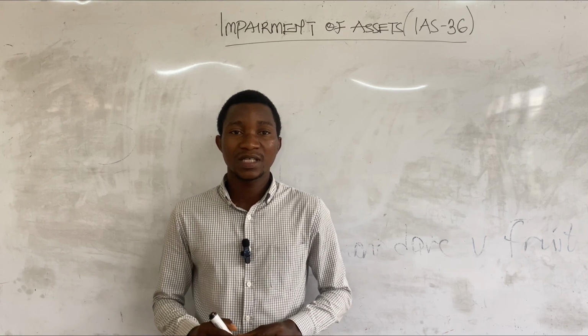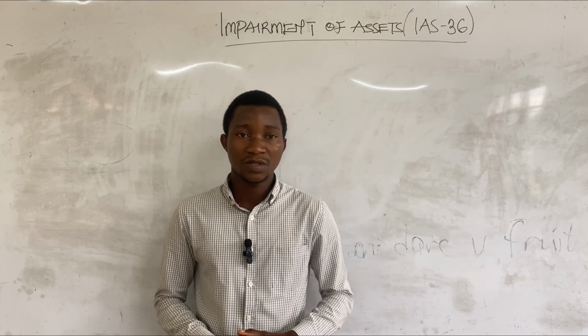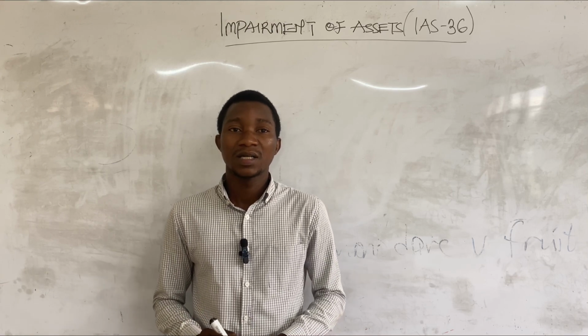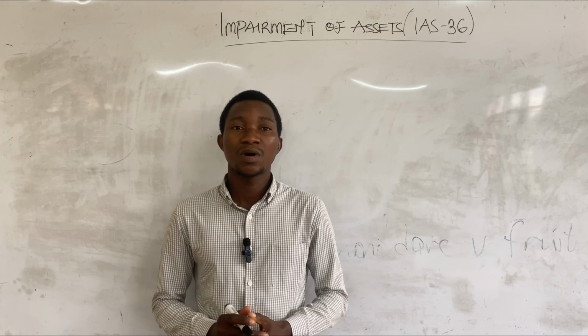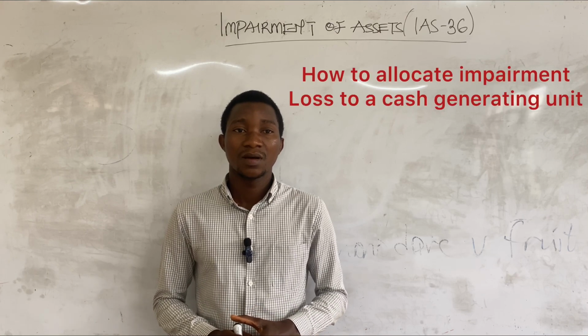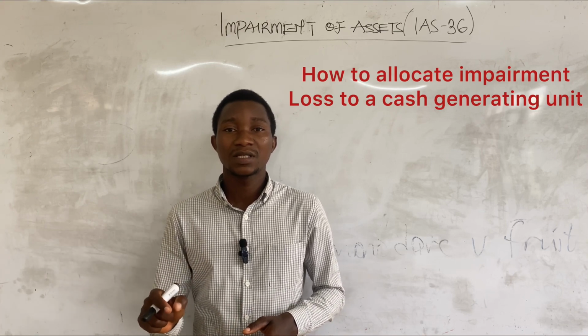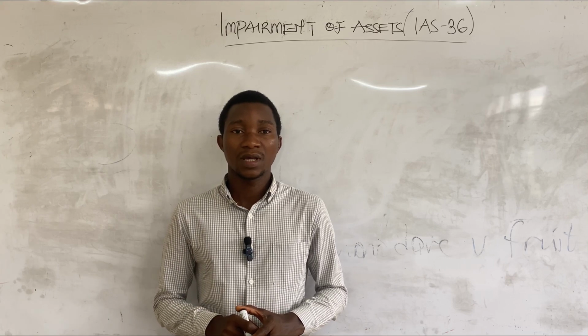That is how to calculate impairment loss and impairment reversals if possible. But remember that for impairment reversals, there are certain criteria that must be met before we'll be able to arrive at an impairment reversal. But our focus today is to learn how to allocate an impairment loss to a cash generating unit. Is that okay?